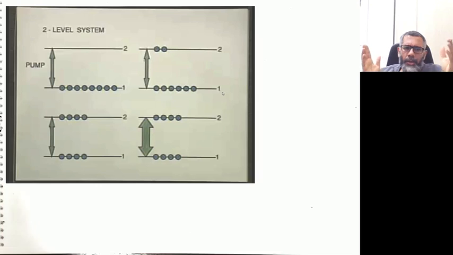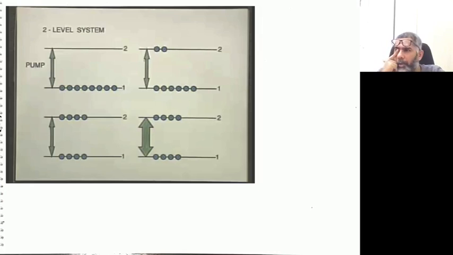Well, there is no such atom, but suppose you have one. Will you have an operating laser by using a medium which has only two energy levels?